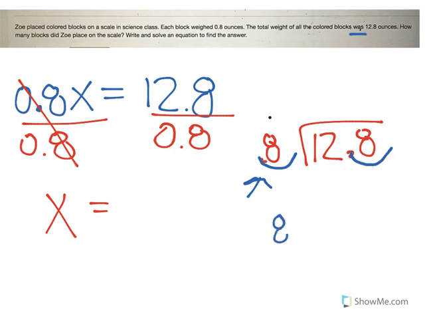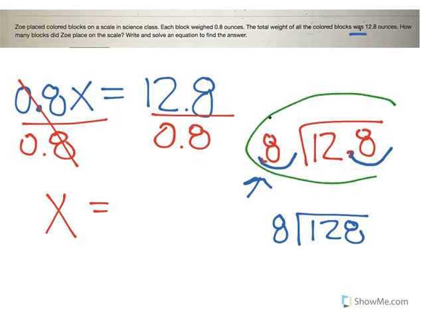And so this is going to actually become 128 divided by 8. Either way, I'm going to get the same answer. If I plug this into the calculator, 12.8 divided by 0.8, it's going to give me the same answer as if I followed the proper steps and divided it. 8 will go into 12 once, 1 times 8 is 8, 12 minus 8 is 4, bring down the 8, and we get 48.